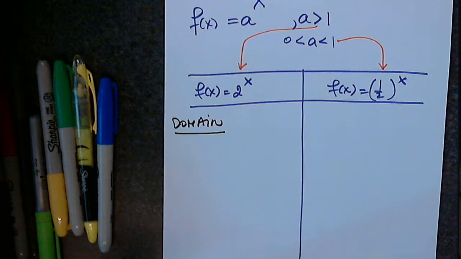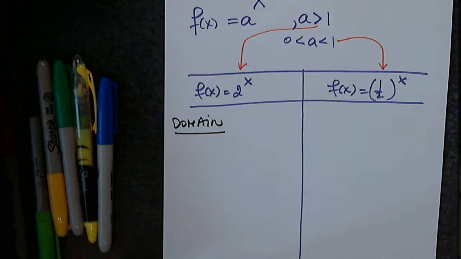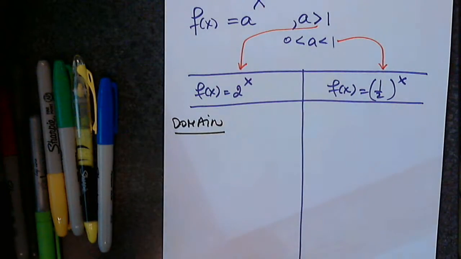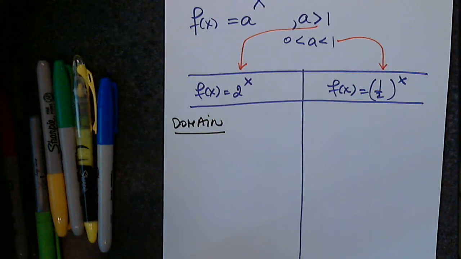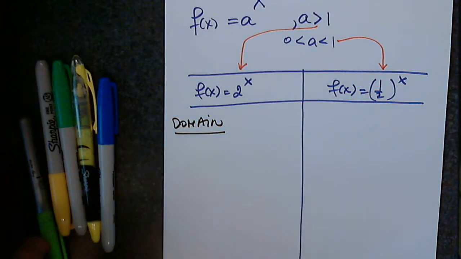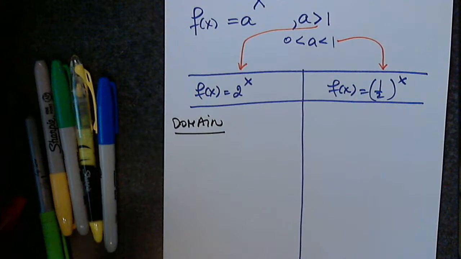Can I raise 2 to 0? What do I get? 1. There is no number that you raise to 0 to get 0. So can I raise this 2 to -3? It's 1/8. Sure, of course I can. So then what is the domain of this function?